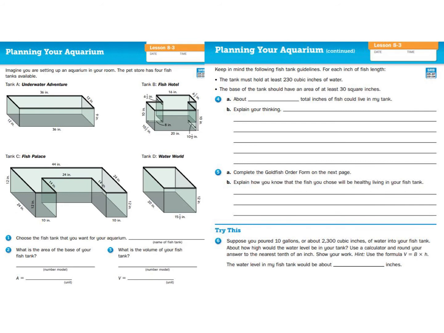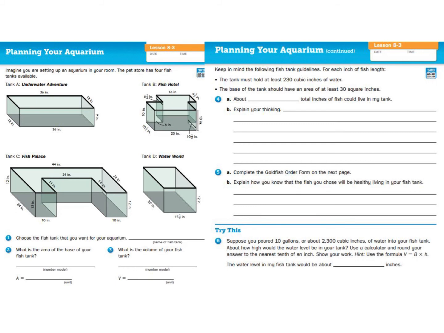230 cubic inches per inch of fish length is a common guideline for choosing an aquarium. So you might want to write that down. 230 cubic inches per inch of fish is the common guideline. Now, it's usually expressed in terms of gallons.